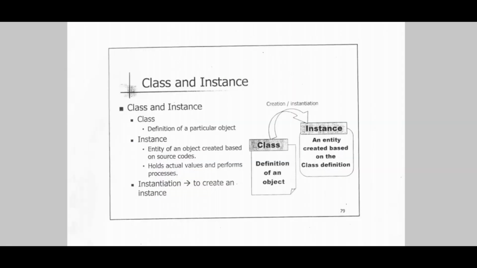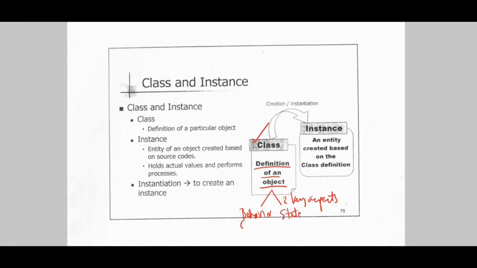So again, a class or a Java class represents any object in the real world, or an object in the real world can be represented by a class or a Java class. So a Java class is simply a definition of a real-world object. And this has two key aspects. What are the two key aspects of a class? These are, number one, behavior or behaviors, and the state or states of the class.